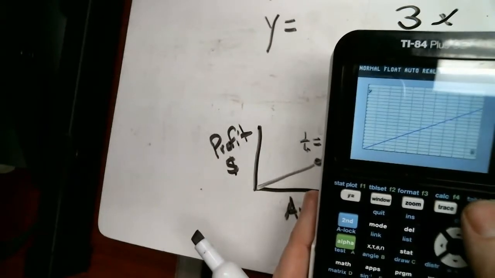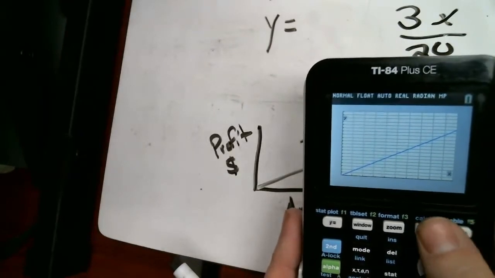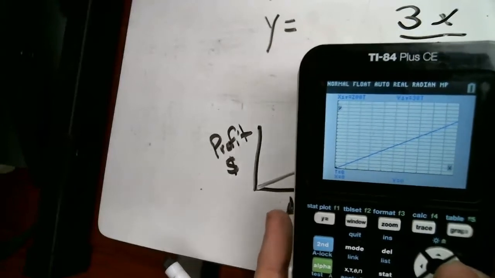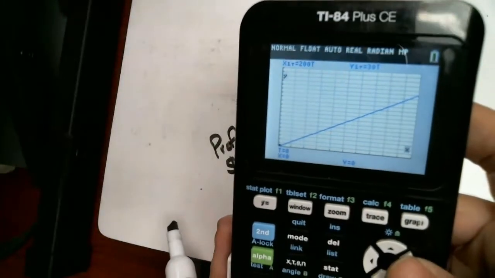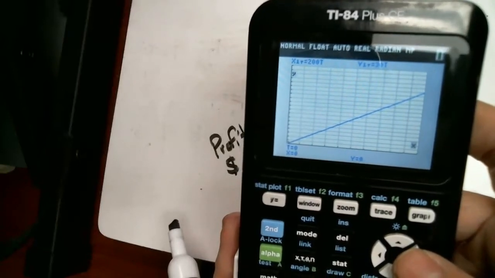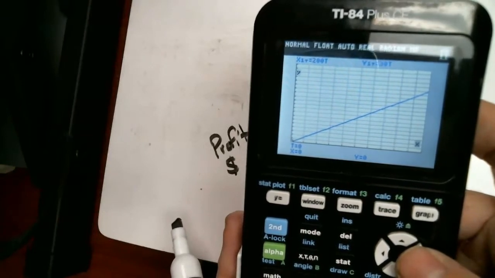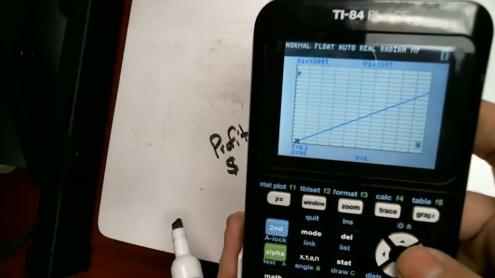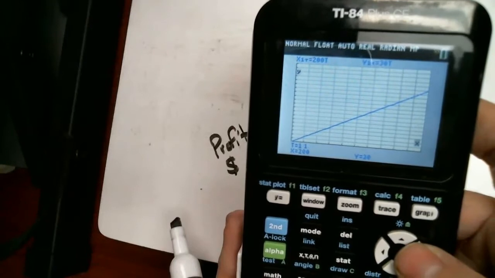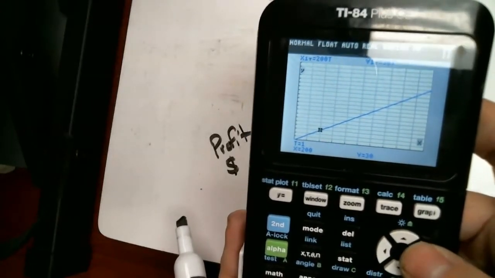So now when I do it, it looks very similar to the other graph, right? It went fast. But when I trace now, you can see on the bottom of the screen, we've got x, y, and t. So after 0 hours, t is 0. After 0 hours, I've painted nothing and I've made no money. And then we'll go up to 1 hour. At 1 hour, I should have painted 200 square feet and made 30 bucks.